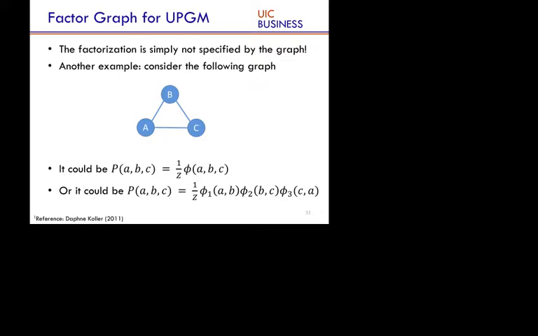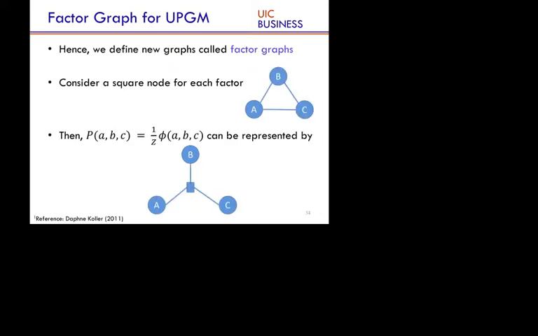To get rid of this ambiguity, we define a slight extension which is called factor graphs. So what are factor graphs? We're going to create a square node for each factor. A factor is the term in the joint distribution, right? So we'll create a square node for each factor and then change the graph in this way.